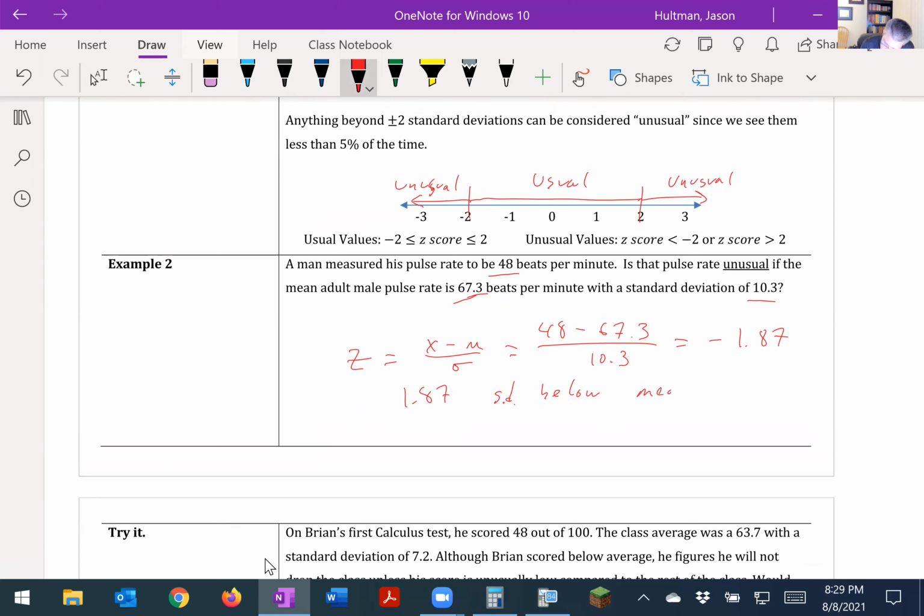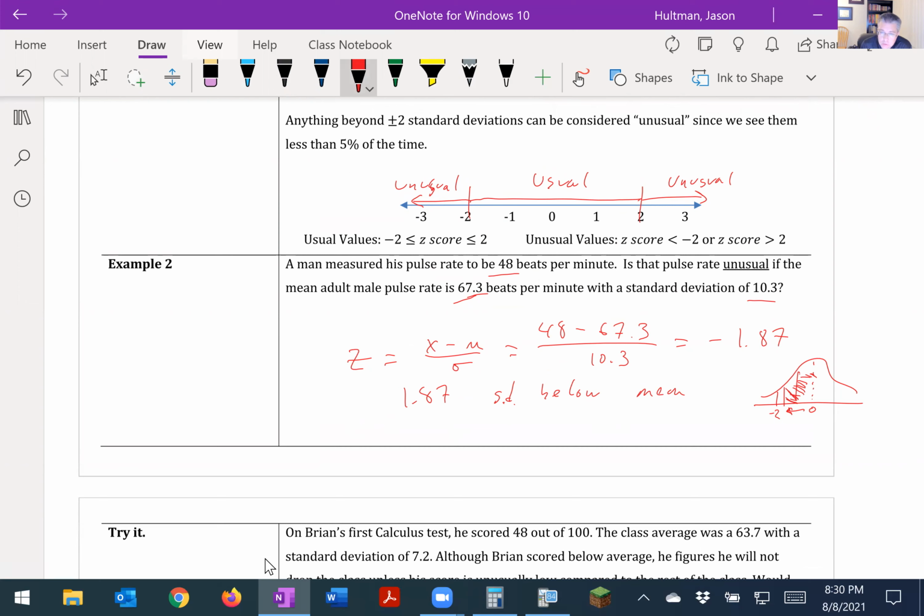Okay, so again, if the mean was here at 0, then we're 1, and if this is 2, then we'd be like right here, right? We'd be 1.7 standard deviations below. Boom. And we want to know, is that unusual? No, because we're not past -2.